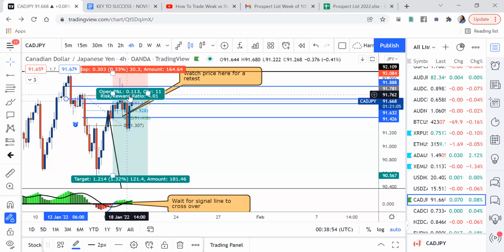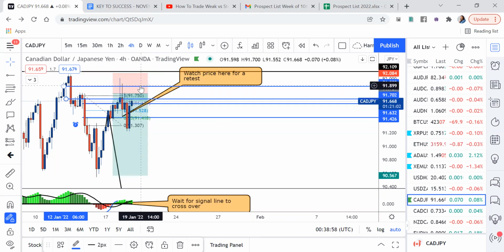So even if price comes up and activates our order and pushes up a bit to cover that entire imbalance candle on the 4-hour time frame, it's still within our setup and will still be live. So it shouldn't touch our stop loss. So you guys should be good with CAD JPY as well.